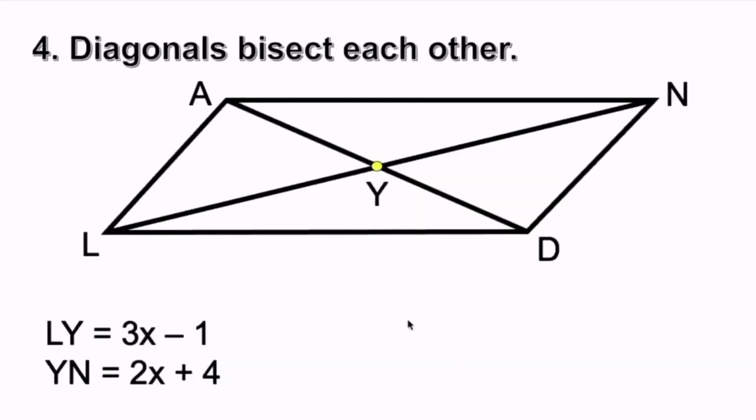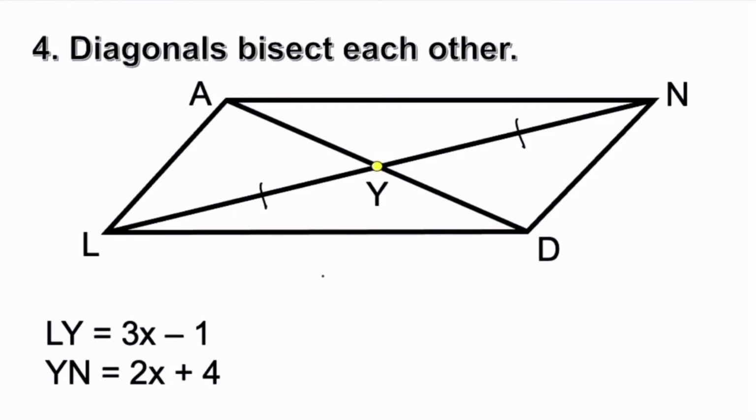Magbigay tayo ng examples na may algebraic expression. Segment LY equals 3x minus 1. Segment YN equals 2x plus 4. Dahil ito ang segment LY at ito ang segment YN, ang dalawang segments na yan ay congruent.